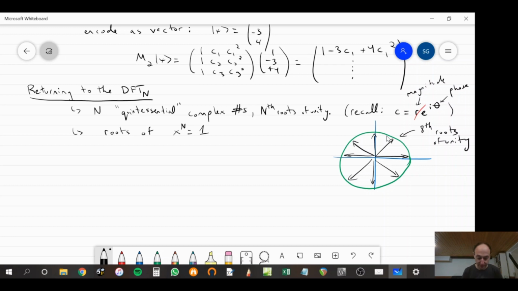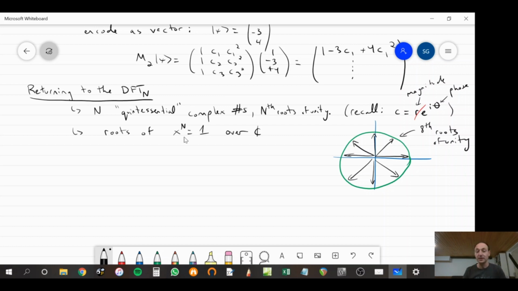All complex numbers, so roots over the complex numbers. Over the reals, of course, there are only 2 roots, 1 and minus 1, but over the complex numbers in general, you'll get n roots. And why? Well, this polynomial is of degree n, so the fundamental theorem of algebra tells us that we will have n roots over the complex numbers.